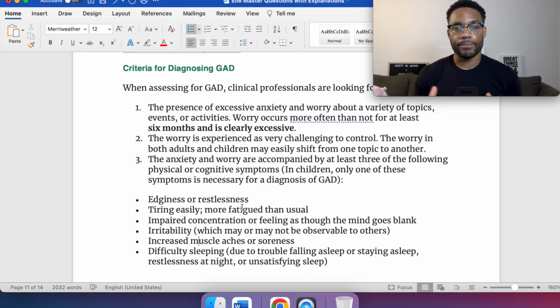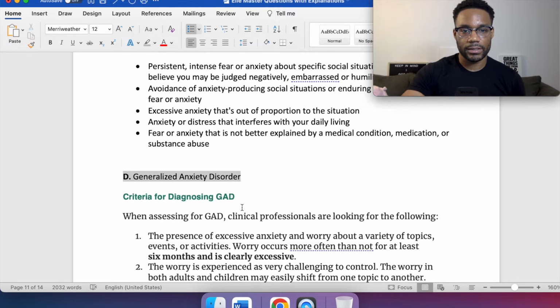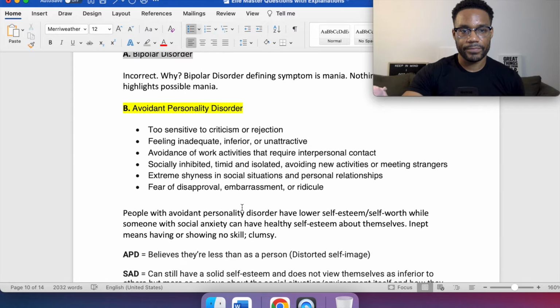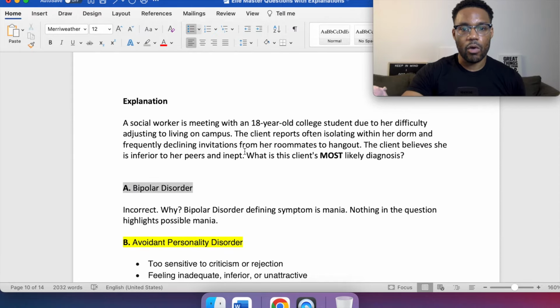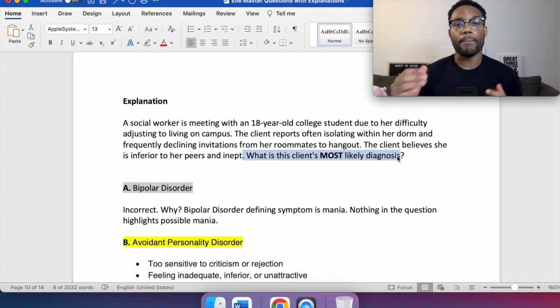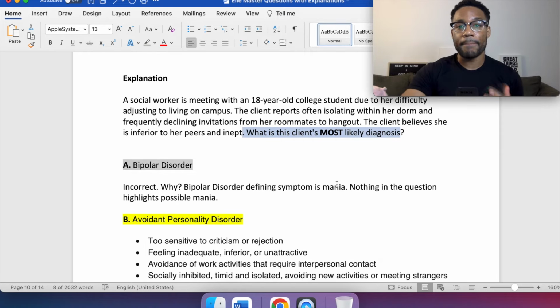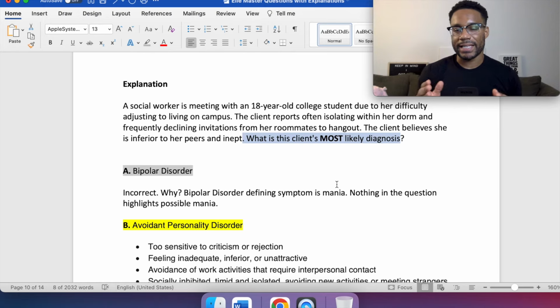And remember, the question asks, scrolling back up to the top, what is the client's most likely diagnosis? Someone may say, oh, Ray, could they possibly have generalized anxiety disorder? Maybe, but with the information provided within the question itself, there's a better answer, one that stands out more than the others.